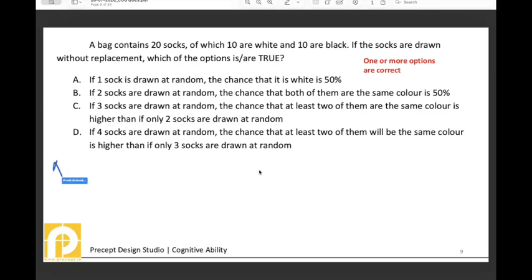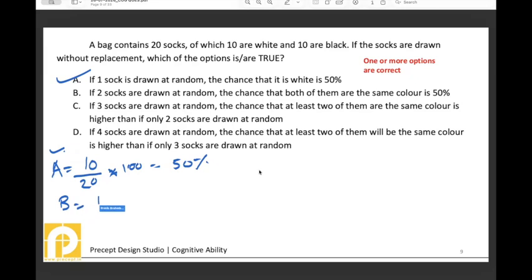So A says if a sock is drawn at random, the chance of it being white is 50%. The total white socks we know is 10, total socks 20. If I convert it to percentage, it will be 50%. So option A is correct, no problem. Option B: if two socks are drawn at random, the chance of both of them being the same color is 50%.